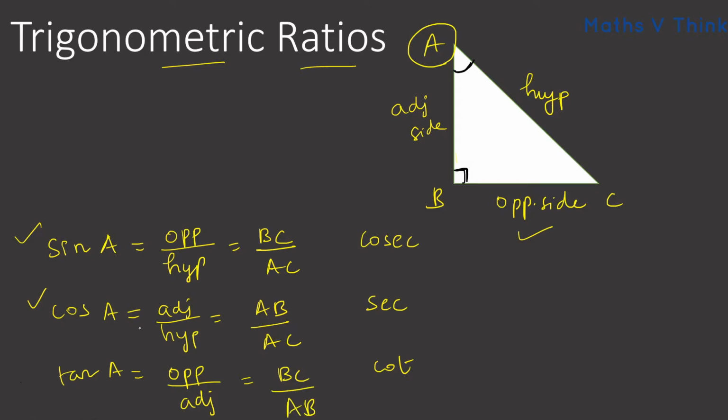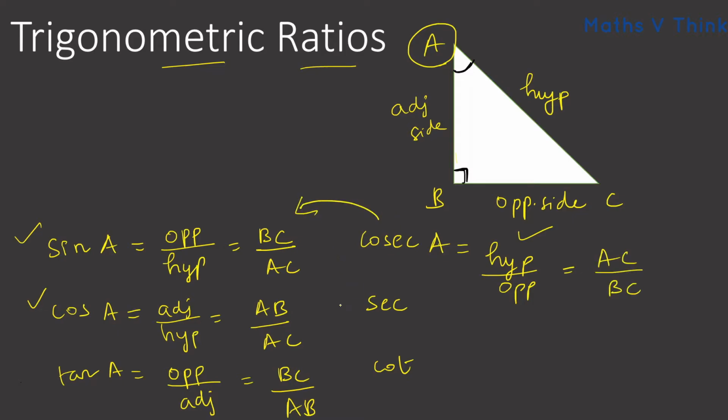Once you remember sine and cos, the tan will be sine by cos, means the hypotenuse gets cancelled, so you get opposite by adjacent. Now cosec A. Cosecant A means opposite of sine. Sine is opposite by hypotenuse, so cosecant will be hypotenuse by opposite, that is AC by BC.